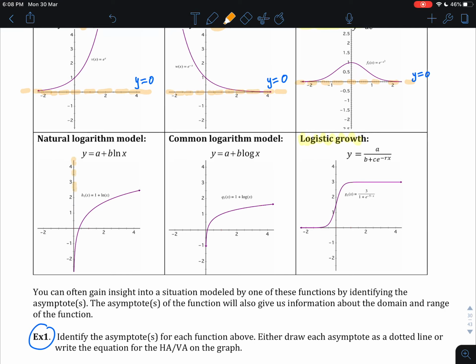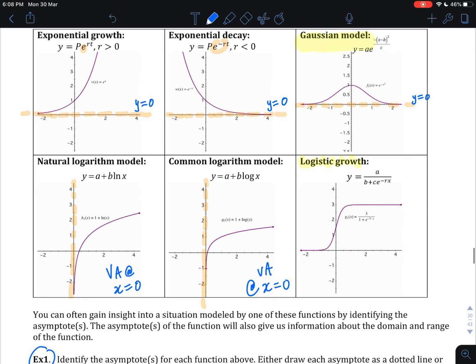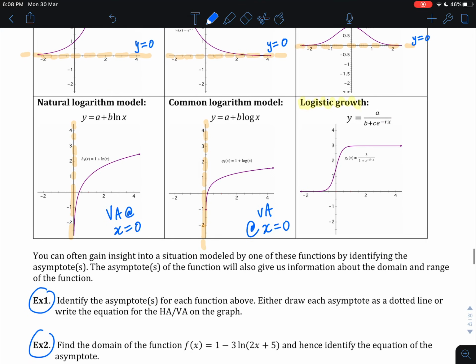In both cases, for natural logarithms and for common logarithms, where natural logarithm is base e and common logarithm is base 10, we have a vertical asymptote at x equals 0, and that of course is because logarithmic functions are inverses of our exponentials.